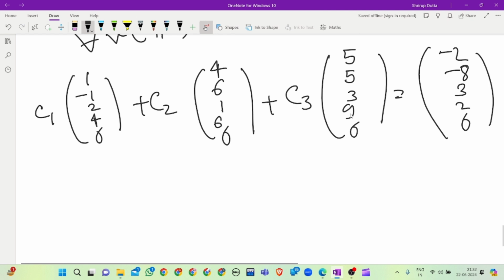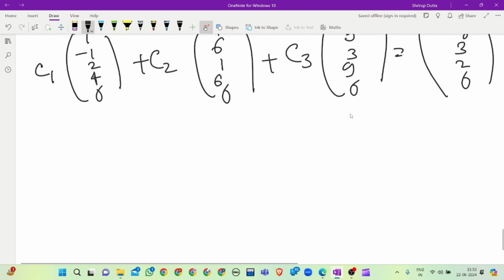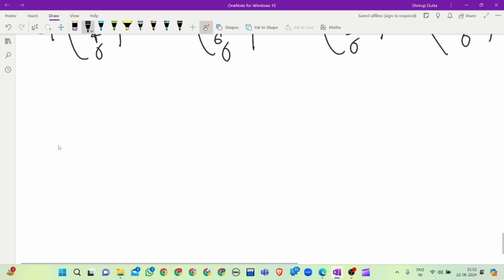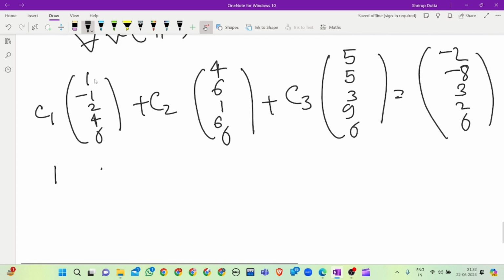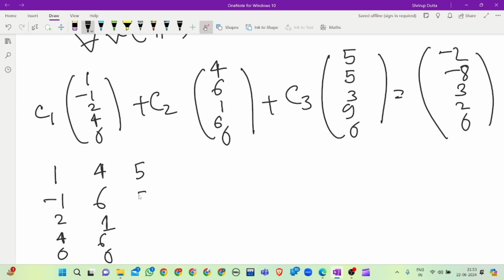So let's take the augmented matrix and solve this. We have 1, -1, 2, 4, 0; 4, 6, 1, 6, 0; 5, 5, 3, 9, 0, and the augmented portion is -2, -8, 3, 2, 0.